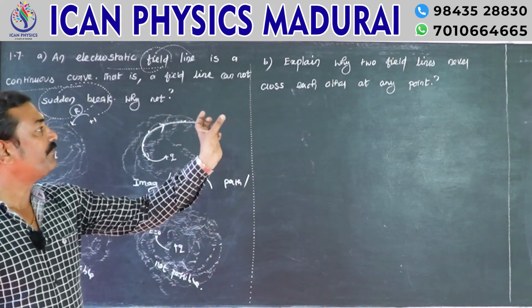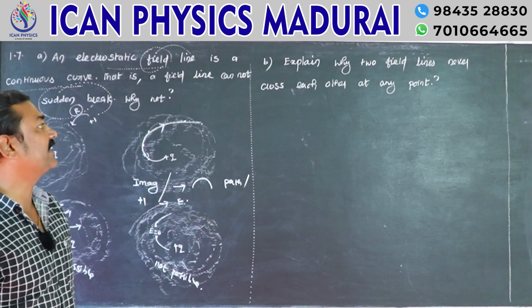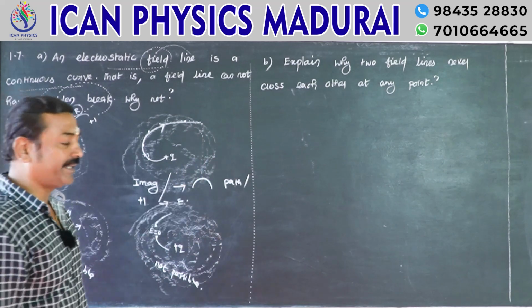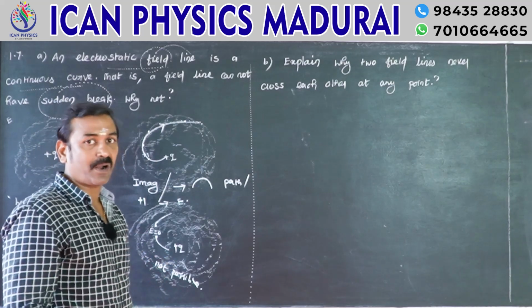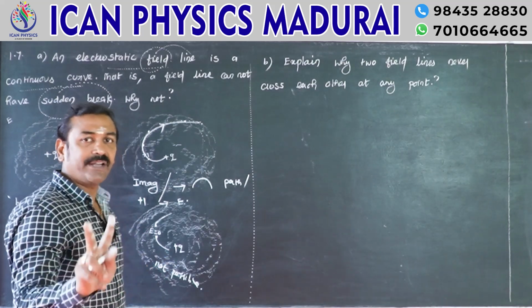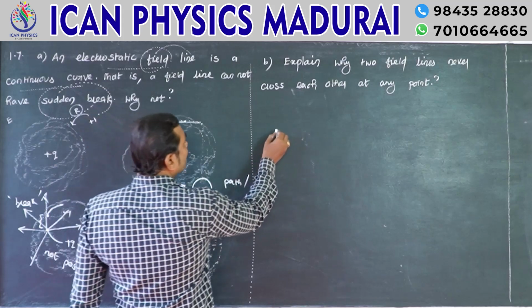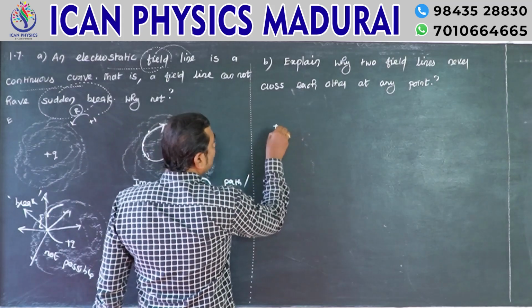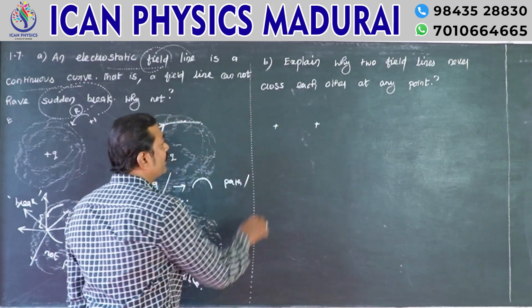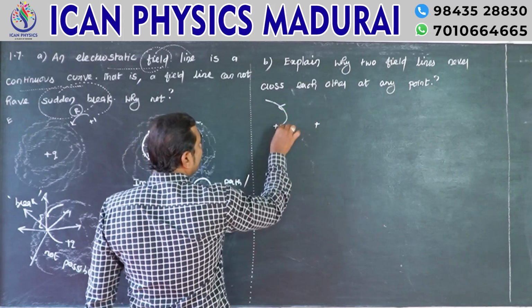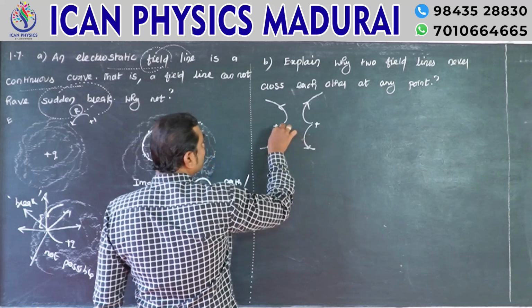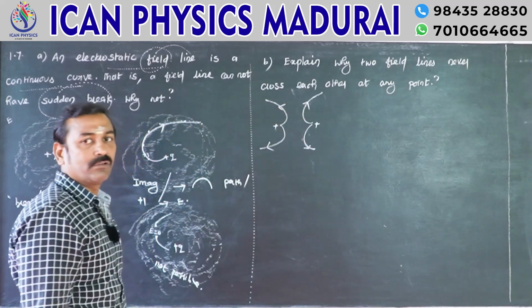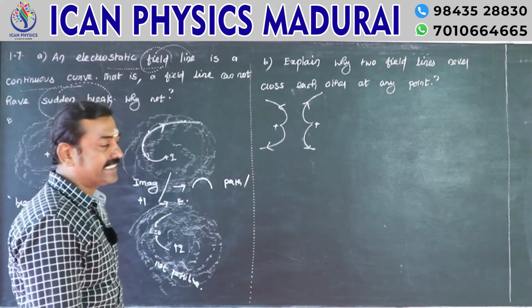Explain why two field lines never cross each other at any point. In the properties of electric field lines, we have studied 5 properties. Among that, we are going to take only 2. For positive charges, electric field lines repel each other. The electric field is radially outwards. They never intersect each other.